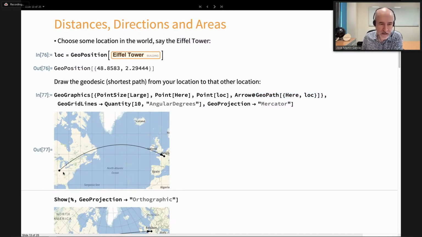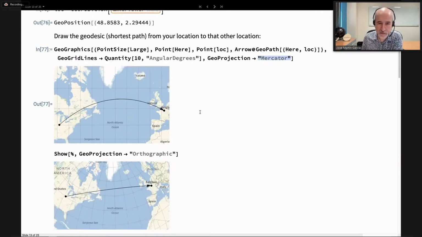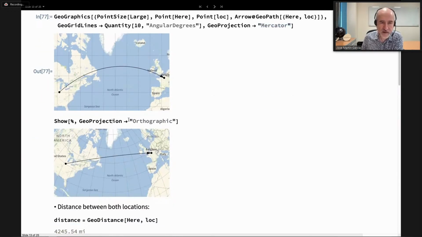So that would be the geodesic in the Mercator projection. Again, it looks curved because we are not using an appropriate projection. If we use something like the orthographic projection, which is a projection looking from above, then we would get something that is more rectilinear.